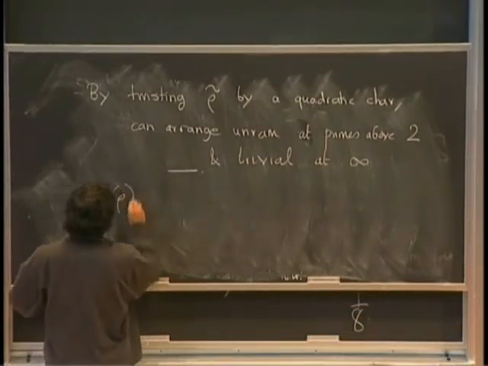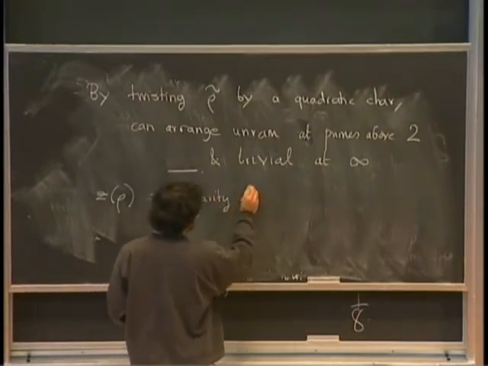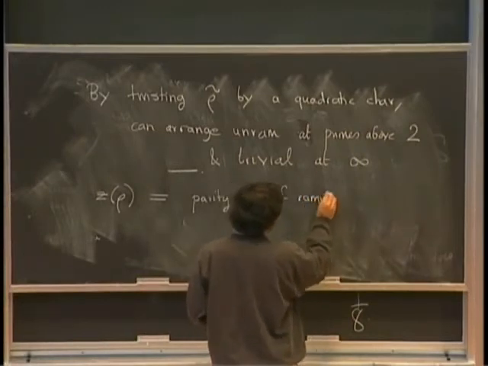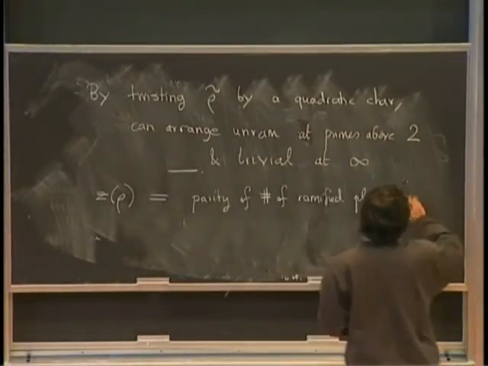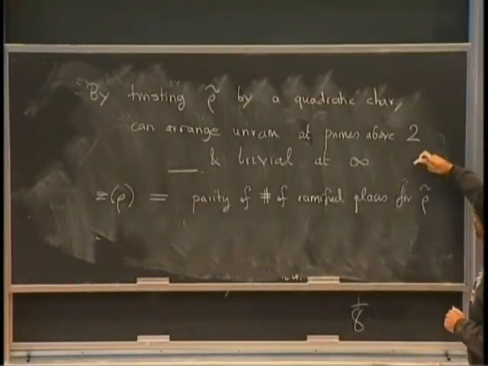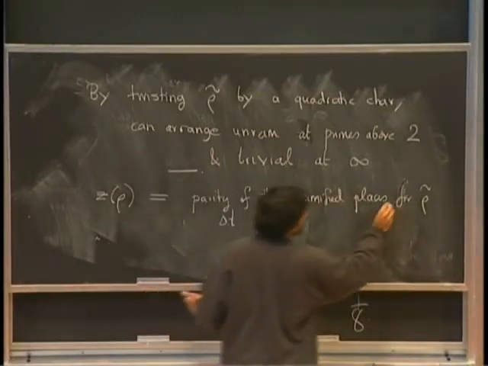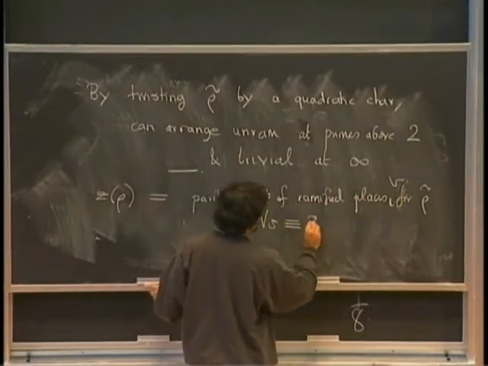We define the invariant of rho to be the parity of the number of ramified places for rho tilde. And keep in mind, when I say rho tilde, I've made this preliminary choice, such that the number of places v such that the norm of v is congruent to 3 mod 4.